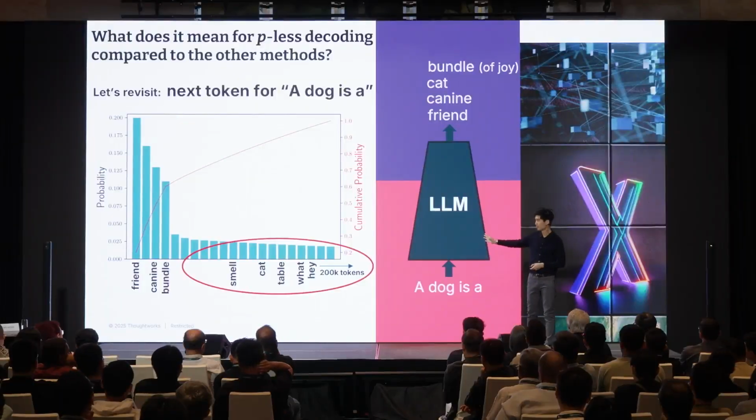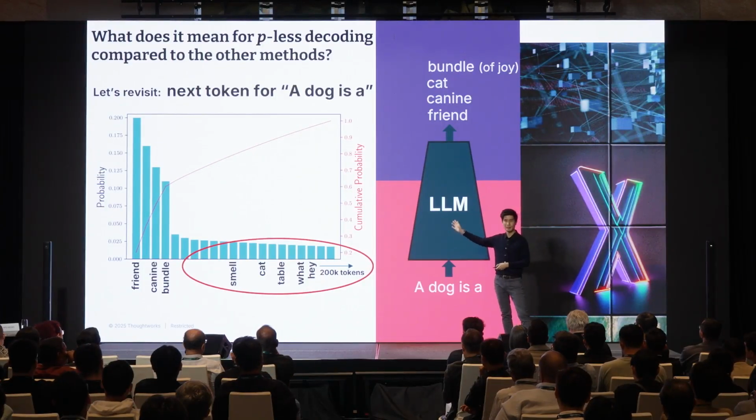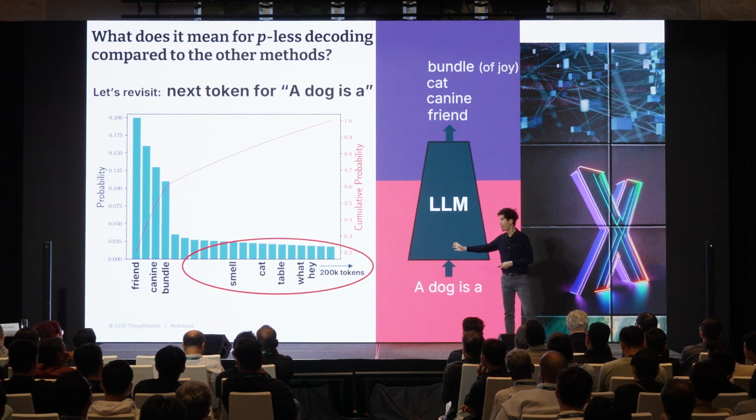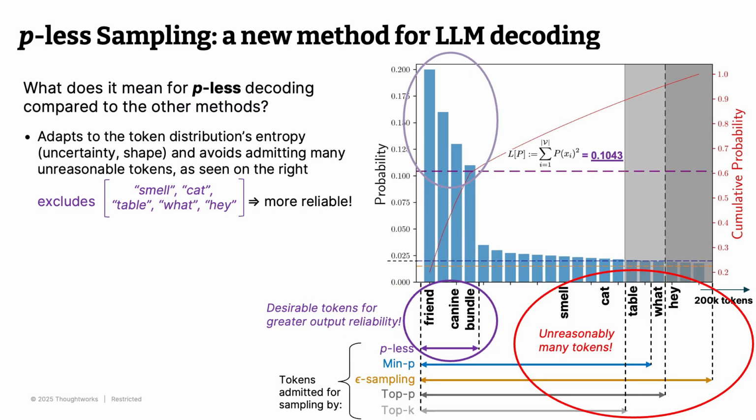The only difference lies in how probable, the heights of their probability bars. And truly what we see here is that the P-less method ignores all of this. A dog is a smell, a dog is a cat, a dog is a table, a dog is a what? Hey, right? It only includes these: friend, bundle, canine.